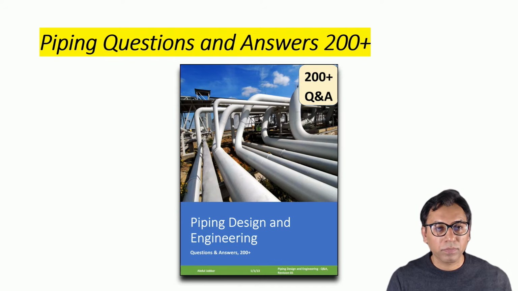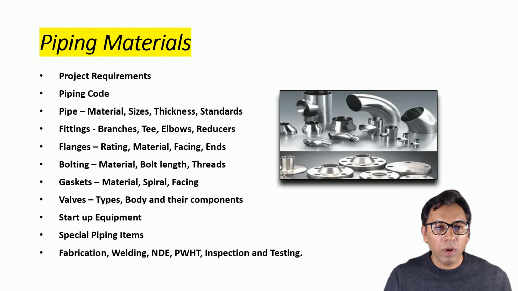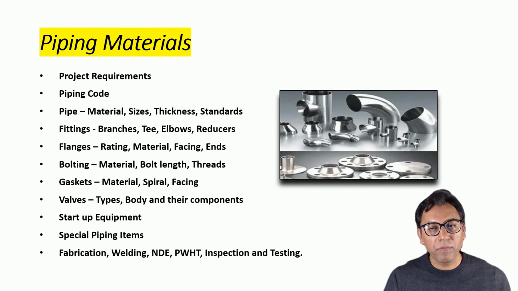All right, now let's talk about piping material. Let's talk about piping material for any project. Basically, any material of a piping system is based on material selection criteria, which we will make sure meets the project requirements.